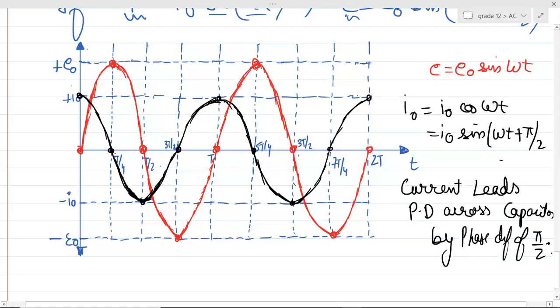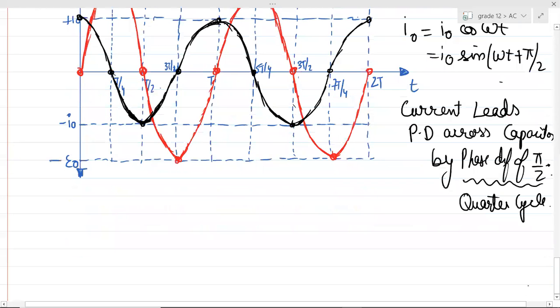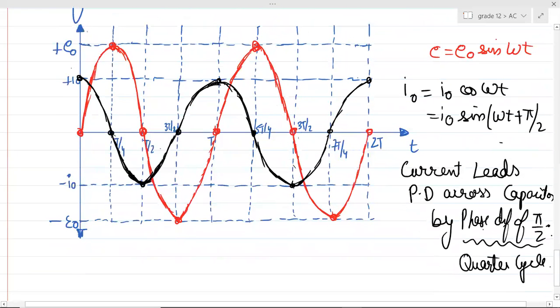Is this clear, guys? Please remember, whenever there is a phase difference of pi by 2, that implies a quarter cycle, right? Yes or no? And everyone can see.